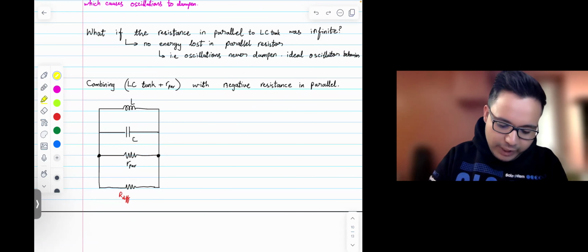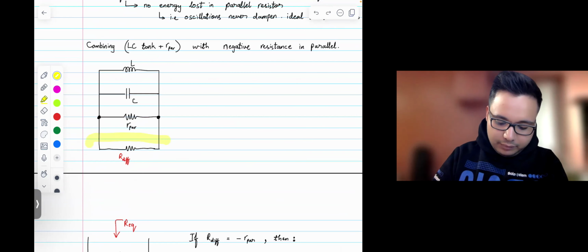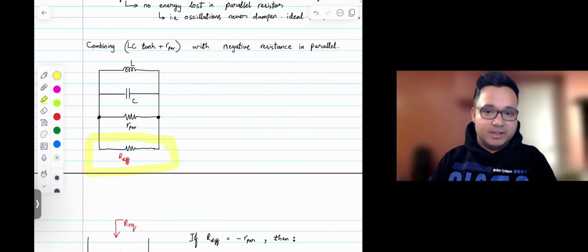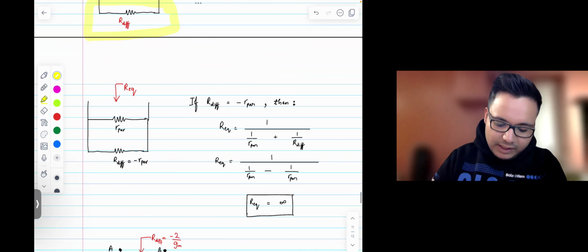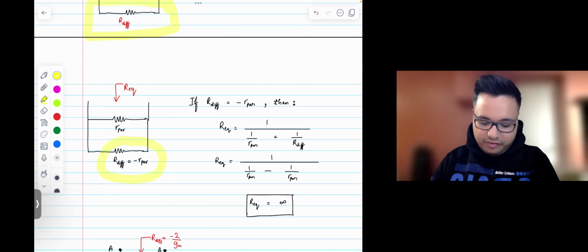So we have this part that we know of, but then let's imagine that we have a resistance over here called RDEF, and that's a negative resistance. So let's see the parallel combination of R parallel and this negative resistance called RDEF.